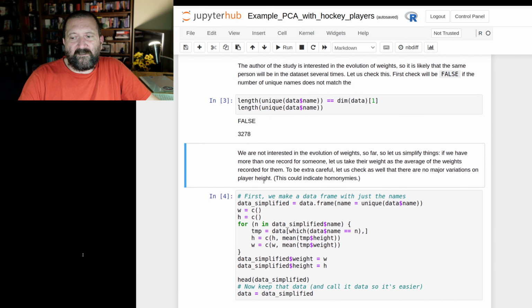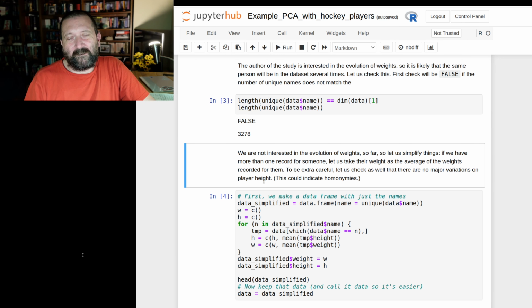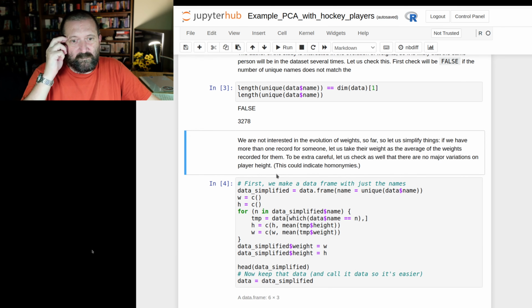To do that, and it's important not only to understand the math, but to understand how you can play around with the data. So here I'm giving you another example of manipulation of data. What I'm going to do is simply take, for each individual player, the mean height and mean weight that they have in the database.